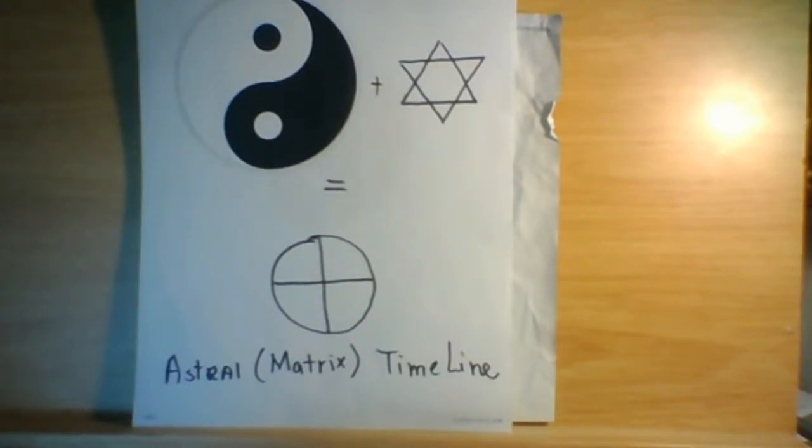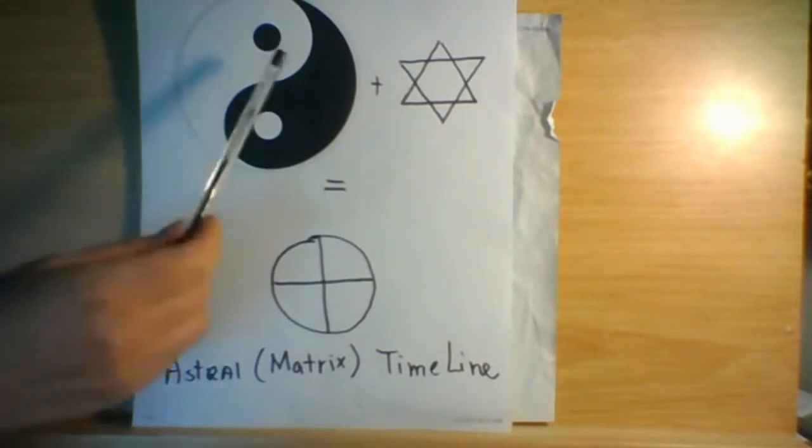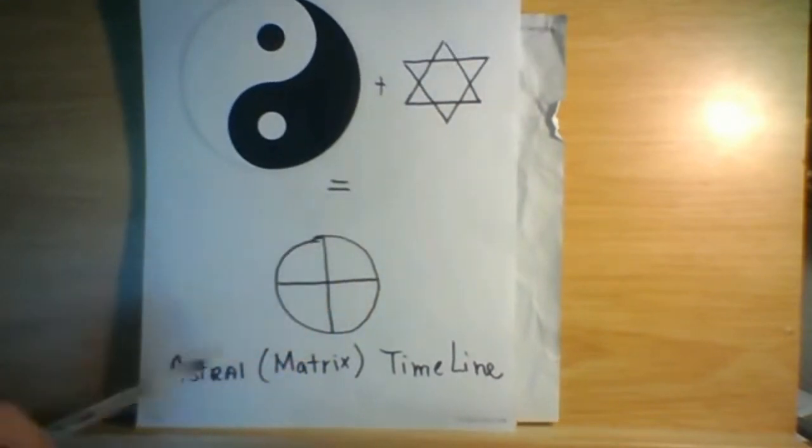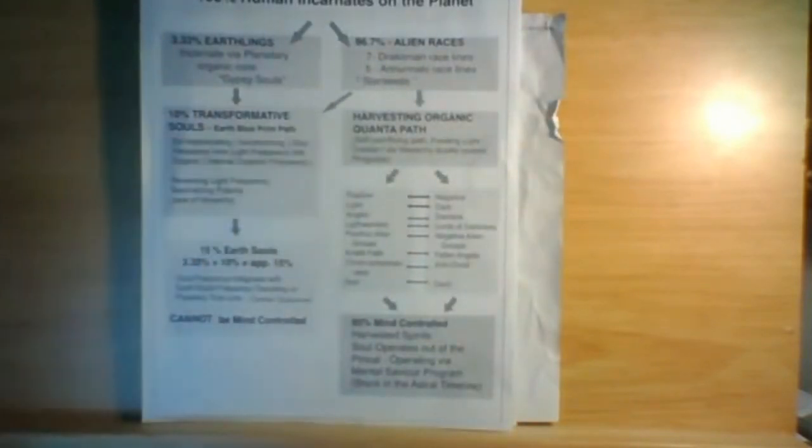this is going to be hard for some people to accept, but these two symbols are locking you in the matrix system. They're locking you in the self-sacrifice harvesting organic quanta path. And that's just it.